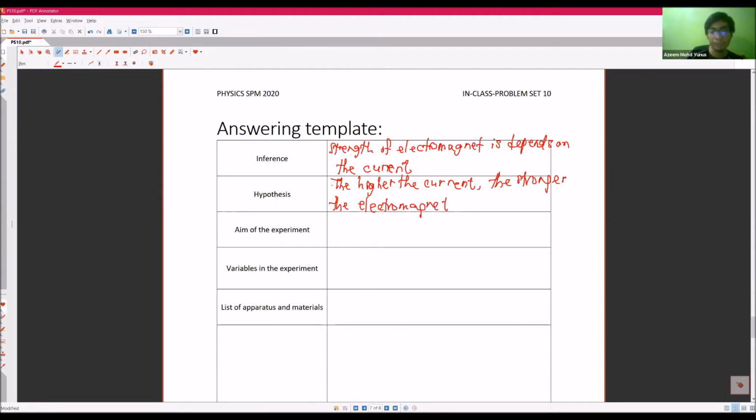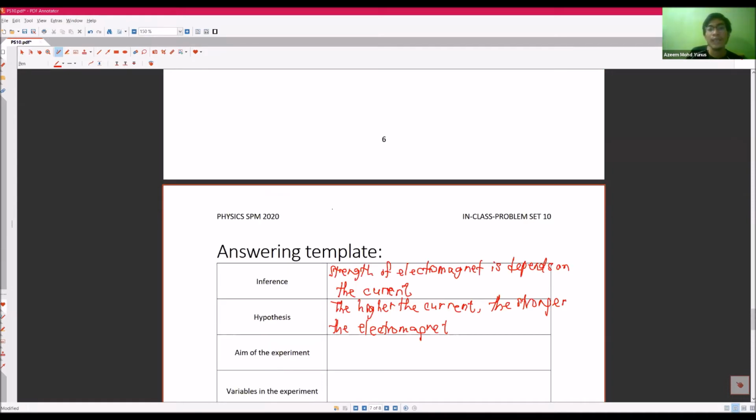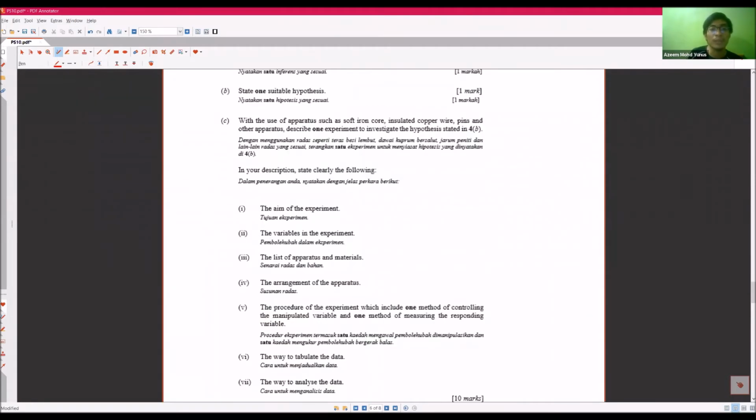Aim. Before we go through the aim, let's see what hint the question gives us. With the use of apparatus such as soft iron core, insulated copper wire, pins, and other apparatus, at least 5 functional. So we have to think more to add to our apparatus list.